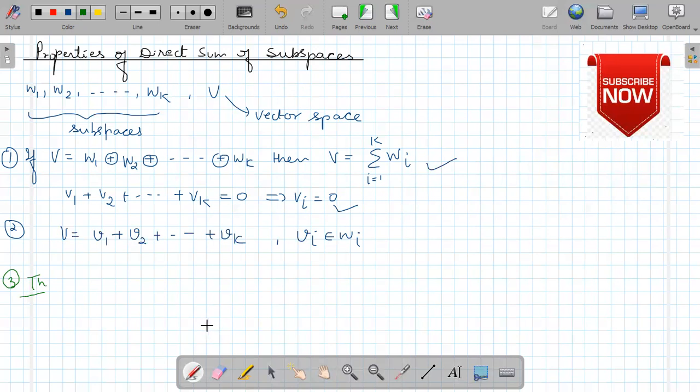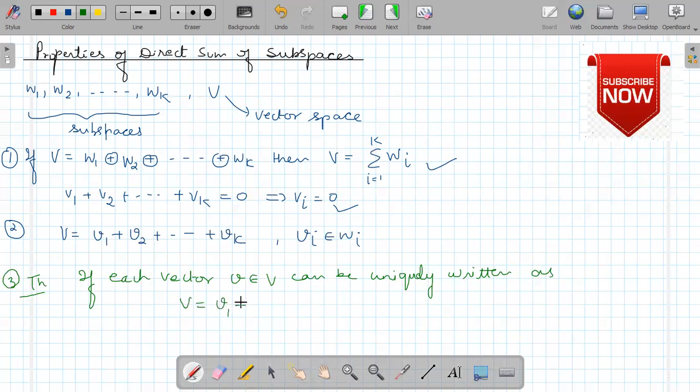So this property is that if each vector v of the vector space V can be uniquely written as a sum of the vectors v1, v2, v3, up to vk, where vi is taken from Wi.